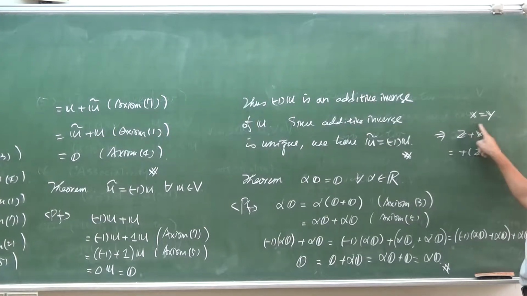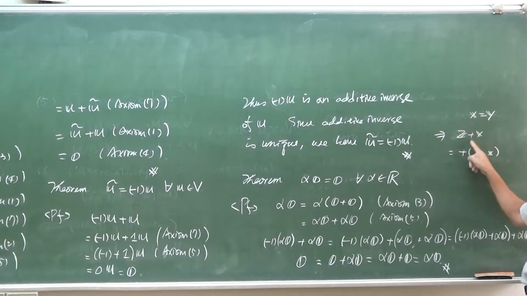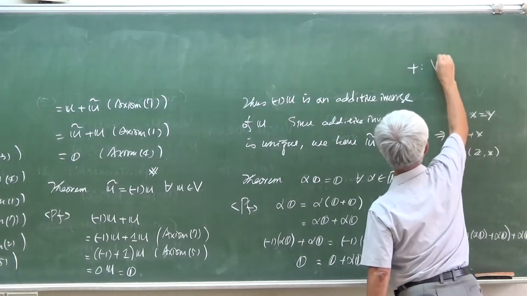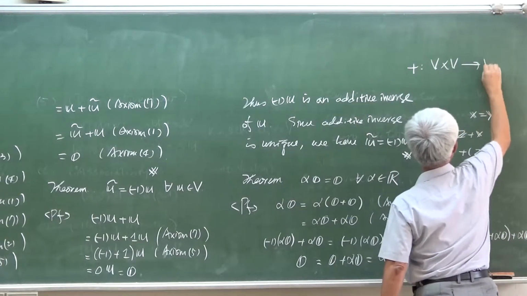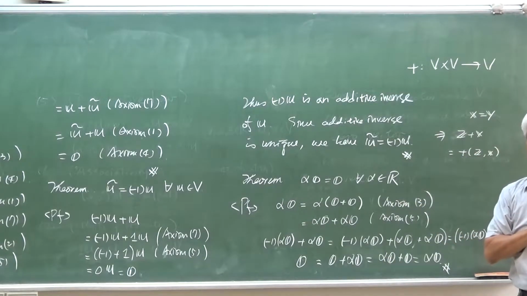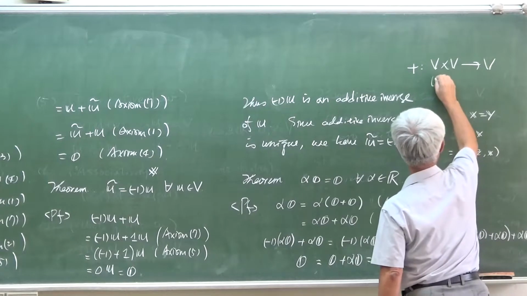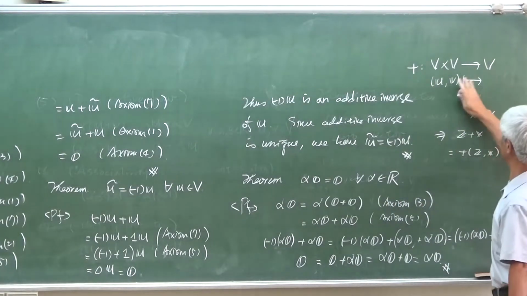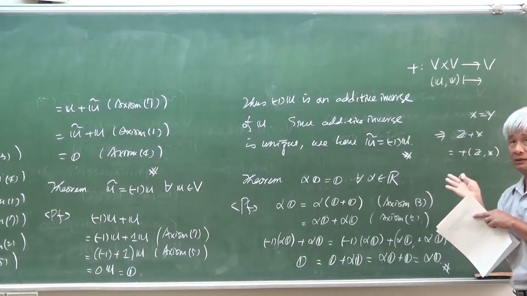So we use this sum as the value of the function. Is that okay? Because plus, vector addition, is a function. It makes a pair of vectors into a vector.